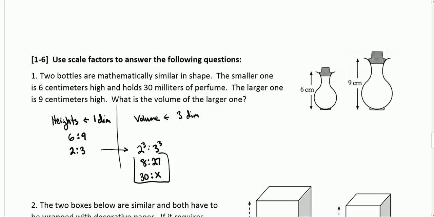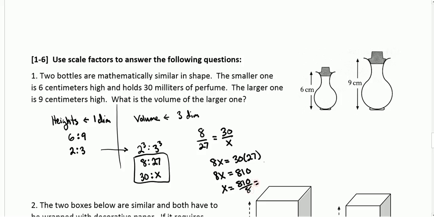So we're going to take these two right here, the 8 to 27 and the 30 to x, and we know those are equal to each other, so we set up a proportion. 8 over 27 is 30 over x, and cross multiplies. 8x equals 30 times 27, or 8x equals 810. 810 divided by 8 is 101.25, and we're looking at milliliters. That's our volume.